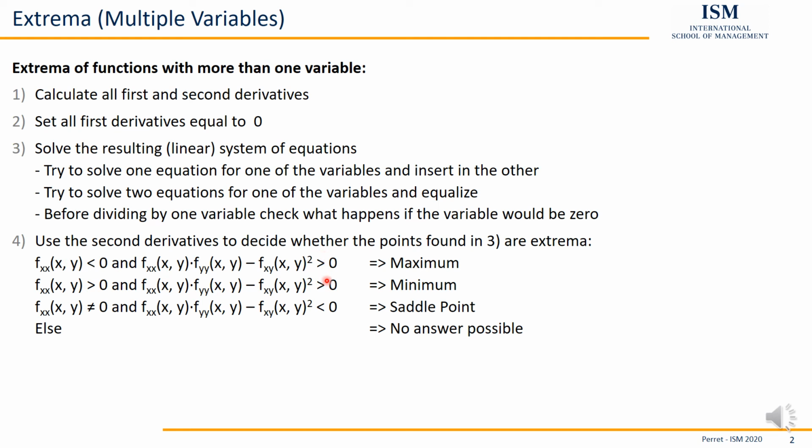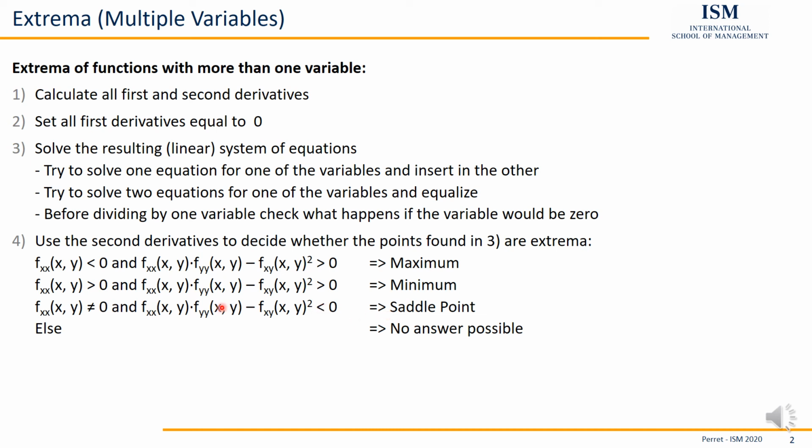So if it's a potential extremum, check whether the value in the upper left is negative, which would then be a maximum, or positive, which would mean it's a minimum. If the value is different from 0 and we have a negative determinant, we have a saddle point.